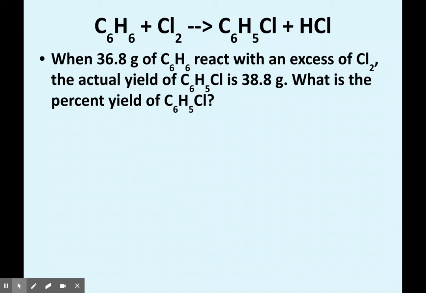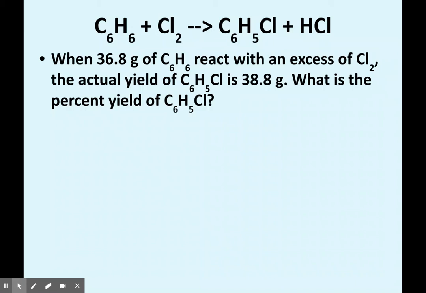So you're going to be starting off your problems very similar to the limiting reactant problems. You'll have to figure out your limiting reactant first. This problem says when you have 36.8 grams of C6H6 react with an excess of Cl2, I'm going to stop right there.